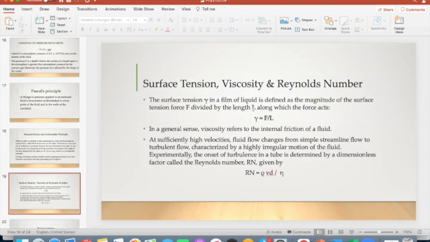All right, so at sufficiently high velocities, fluid flow changes from simple streamline flow to turbulent flow. And this is where Reynolds number comes in. It is a dimensionless number, and it's equal to the density times the velocity of the flow times d, which is either our distance or the diameter of the tube, divided by eta, which is a constant that depends on the fluid type.